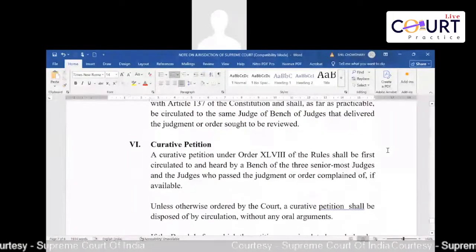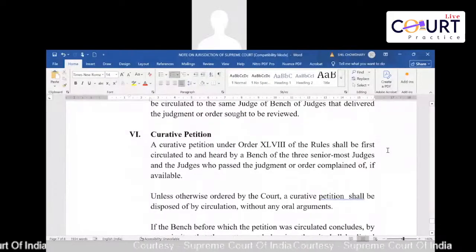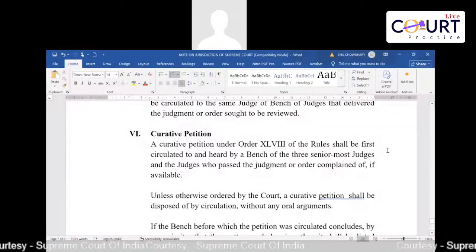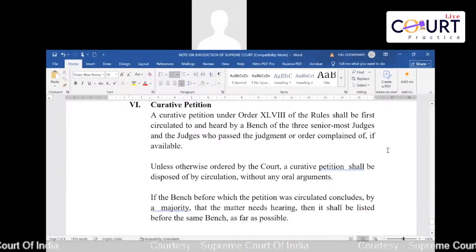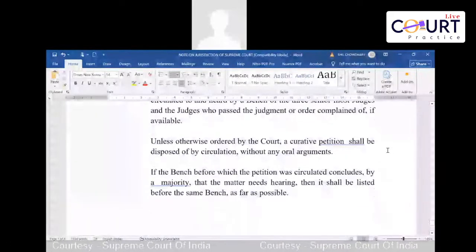Now, a curative petition is a petition under Order 47, which is circulated and heard by a bench of the 3 senior most judges and the judges who passed the judgment or order complained of, if available, unless otherwise ordered by the court. A curative petition shall be disposed of by circulation without any oral arguments.